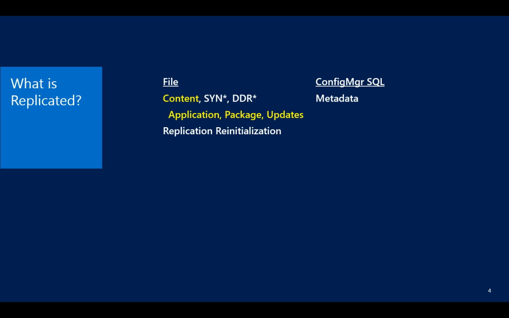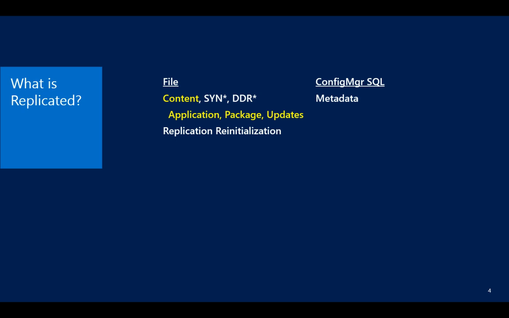Here's another point to make. When we think of file-based replication in previous versions, Config Manager 2007, SMS 2.0, SMS 2003, what we're talking about is the communication that happens between two site servers that are in a parent-child relationship. And that's certainly true here as well.